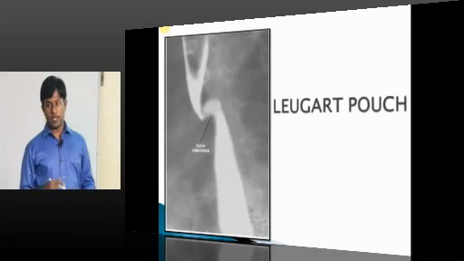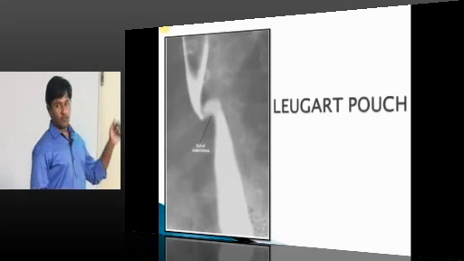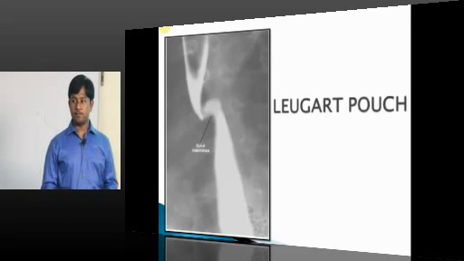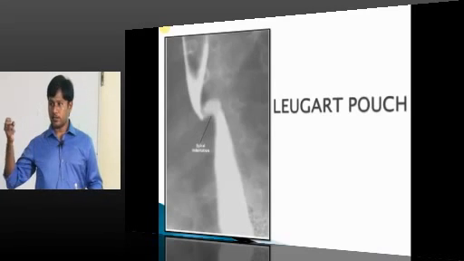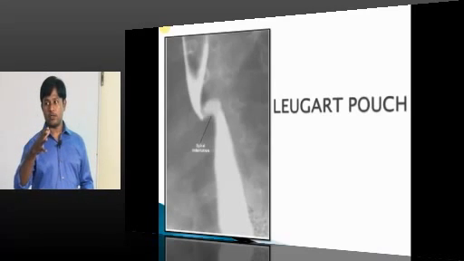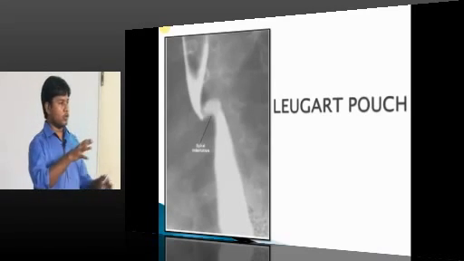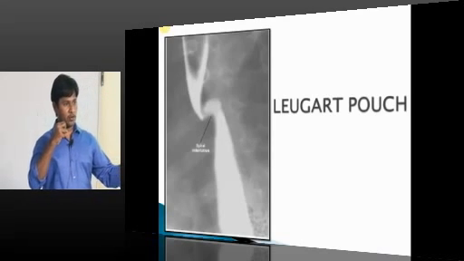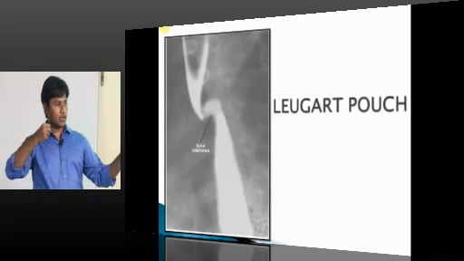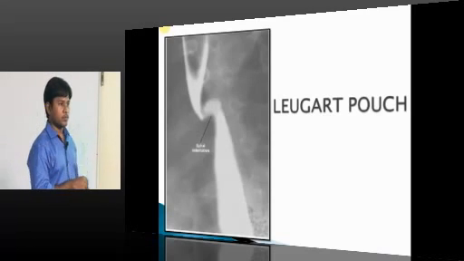Clear with that? And mid-esophageal and epiphrenic are true because it was traction. It was pulling every layer. If at all you want to get a pipe pulled from outside, and you pull only the upper layer, will it be a diverticulum?